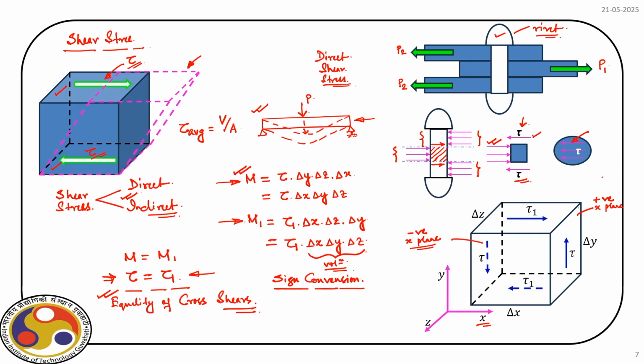Now, if you look at the direction of this tau, it is also along the positive direction, right. So, it is acting over the positive plane and it is acting along the positive direction. So, that is positive.